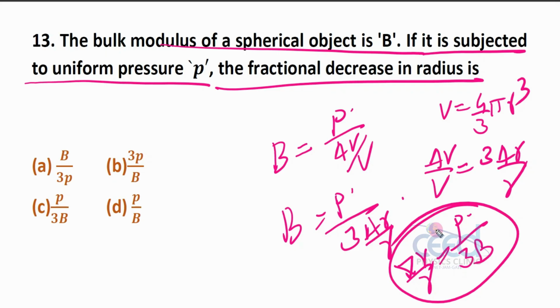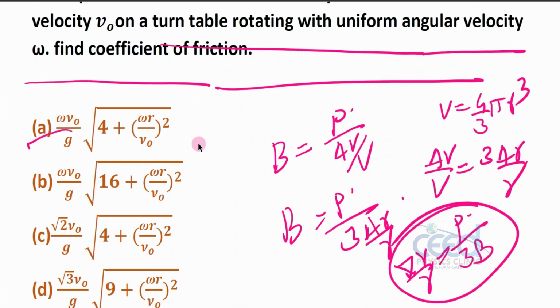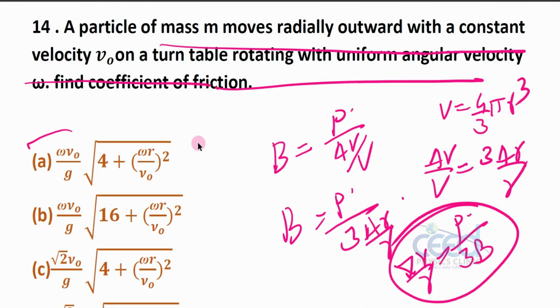This is the fractional decrease in radius, right, P by 3B. All right. Now let us go to another question. That is the last question, right.